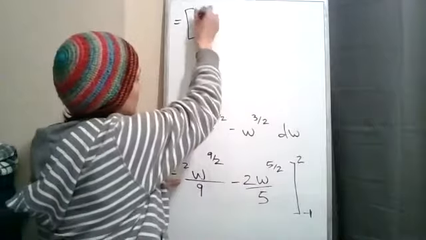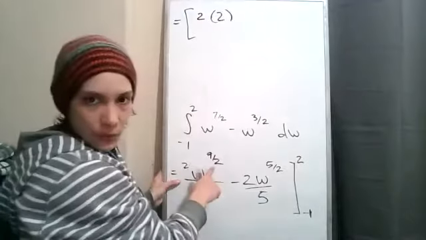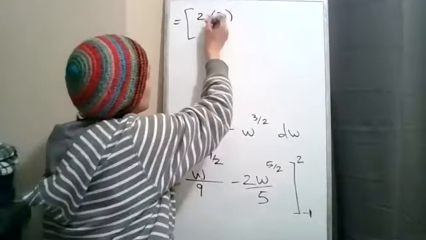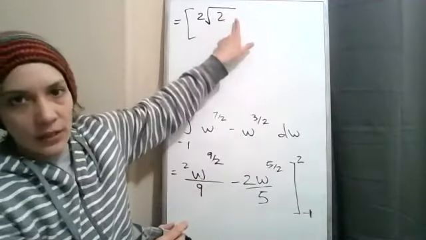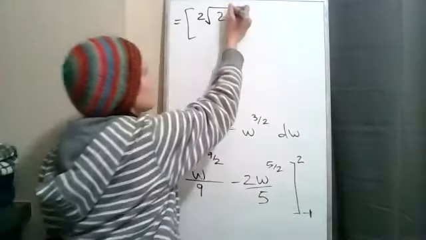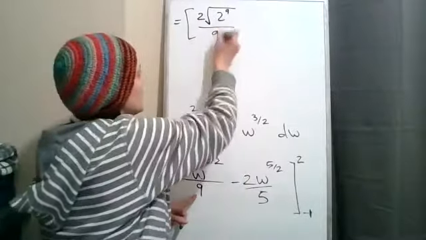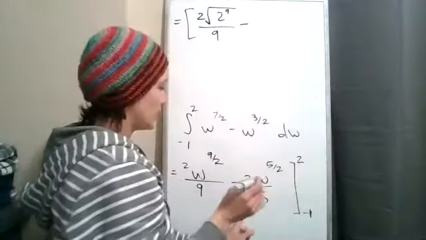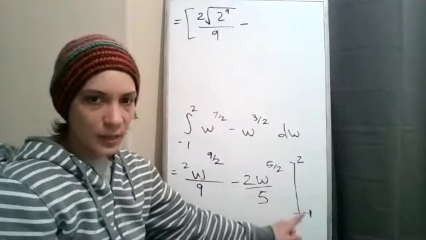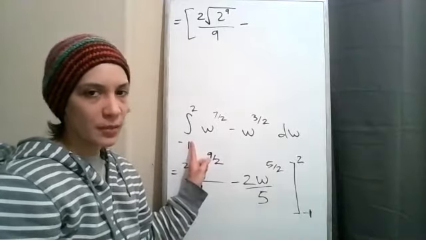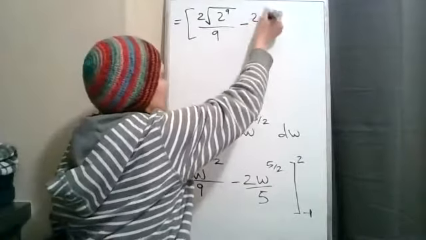2 times 2 to the 9/2. We could do a root and then the power, or have it outside or inside. Let's put it inside, just to read it nicely. Still put in 2. And always remember, you put in the upper bound first, and then subtract putting in that lower bound, the smaller number. All right, so 2 and 2.